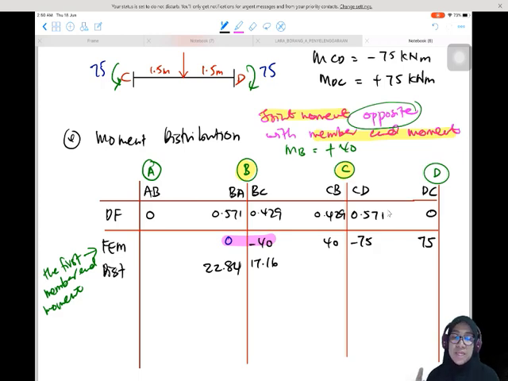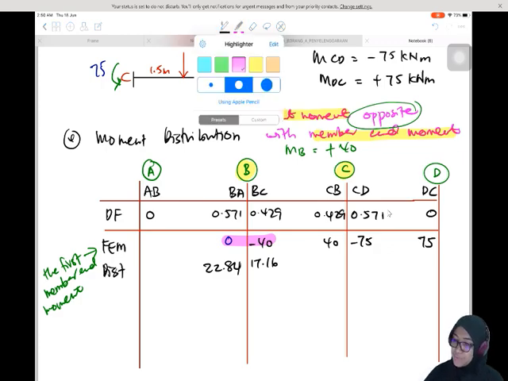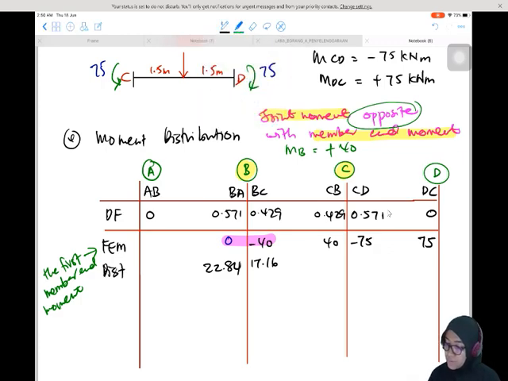Okay, one more thing that I want to highlight is, remember that the system must be in equilibrium. I will show you. This value, the total must equal to 0.